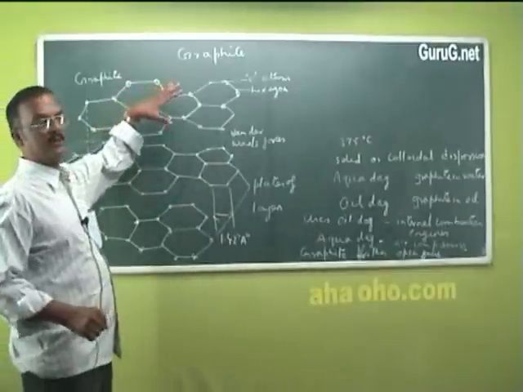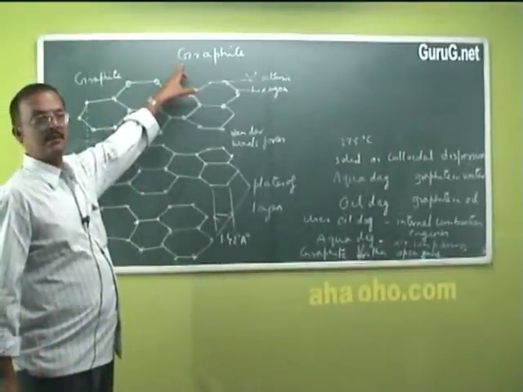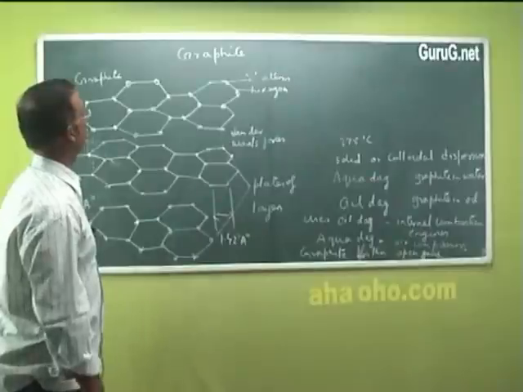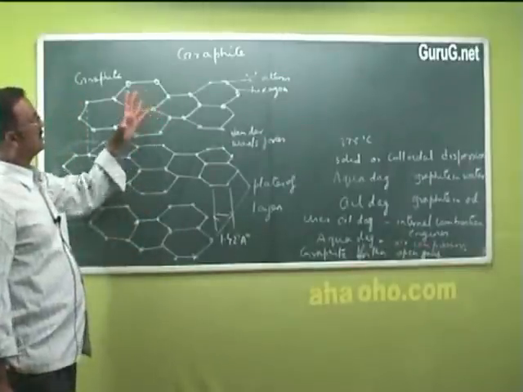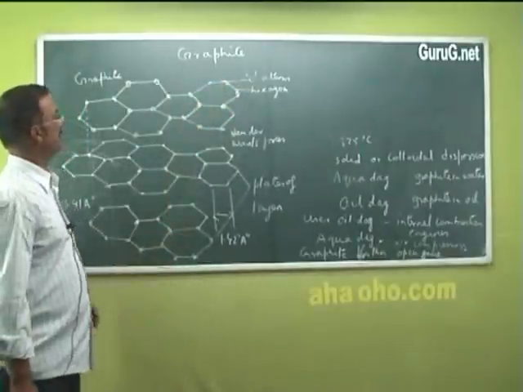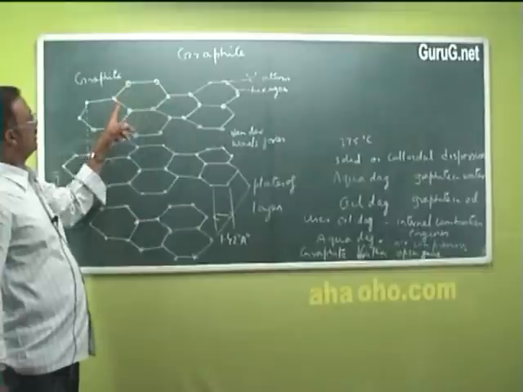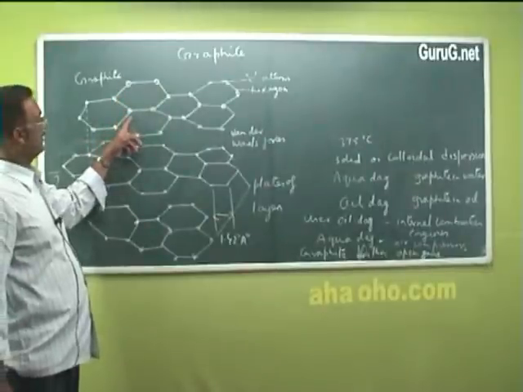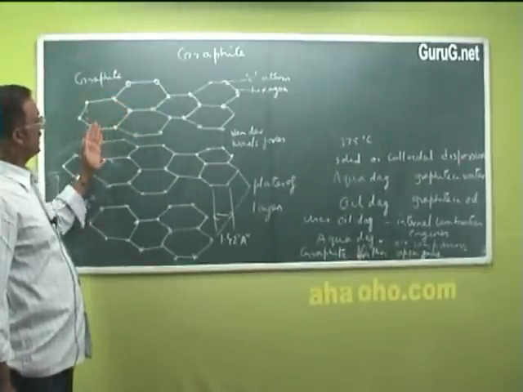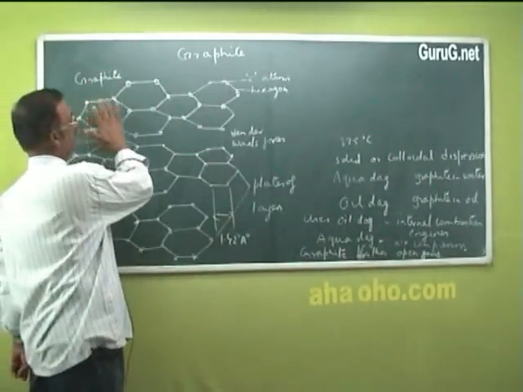Among the most important solid lubricants, graphite is very important. We'll see the structure of graphite. Graphite is nothing but carbon. The carbons are linked to one another by strong covalent bonds, and they form a hexagonal structure like this, and all these hexagons put together form sheets.